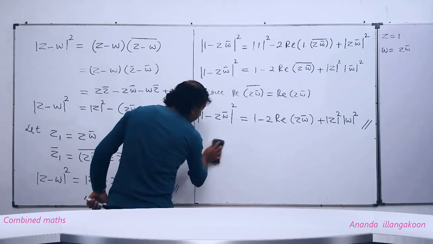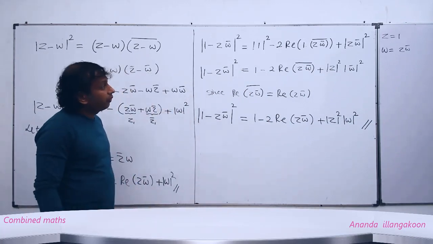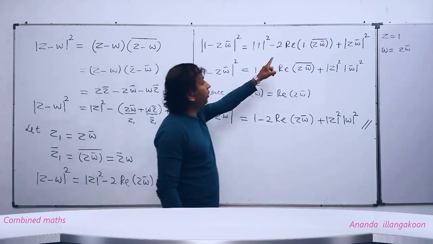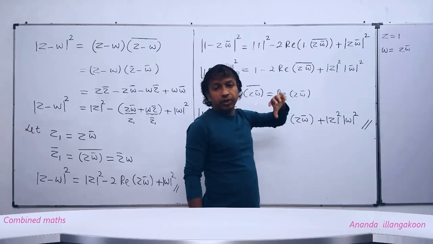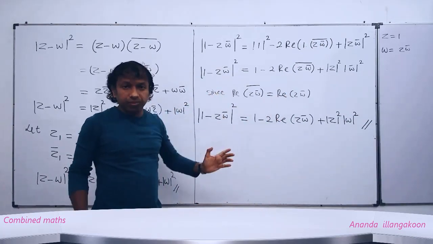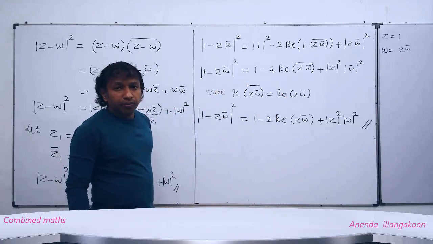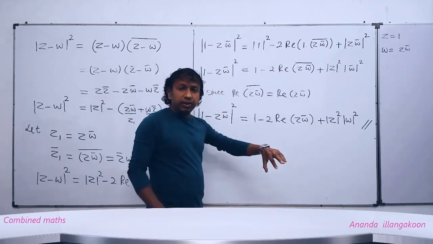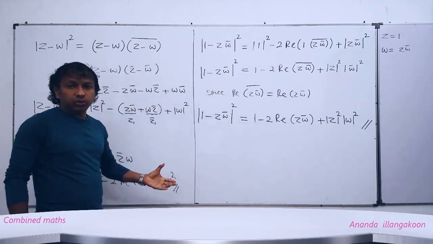So then here the things you should know, people. Real part of a complex number and real part of its conjugate, real part of Z and real part of Z bar, are equal. That idea we use. And modulus of the conjugate and modulus of the complex number are also equal.